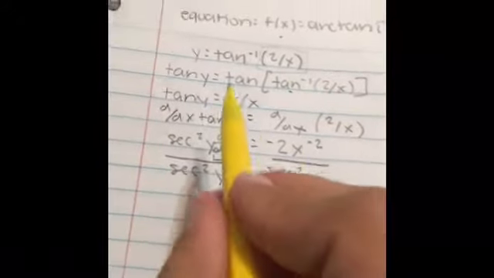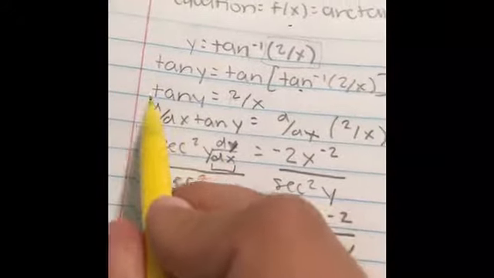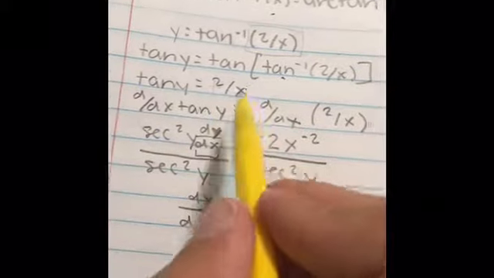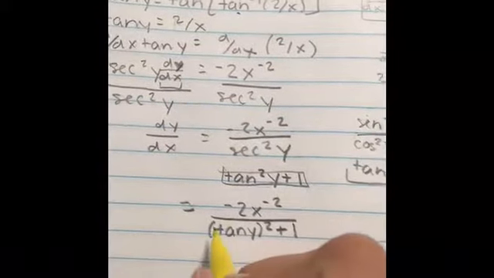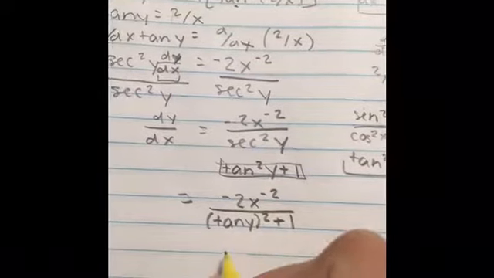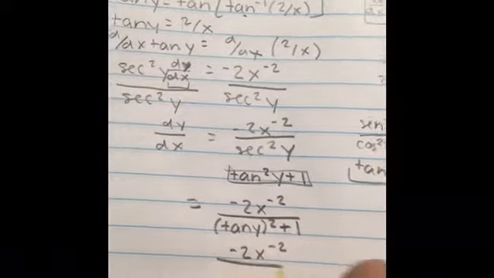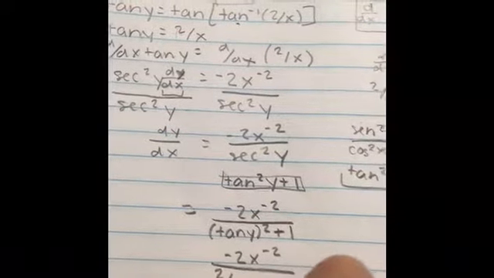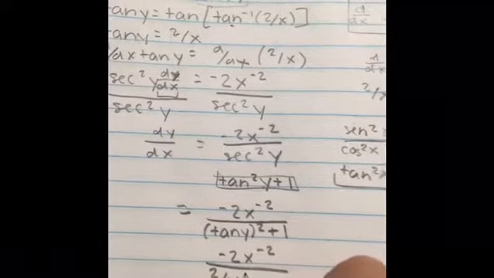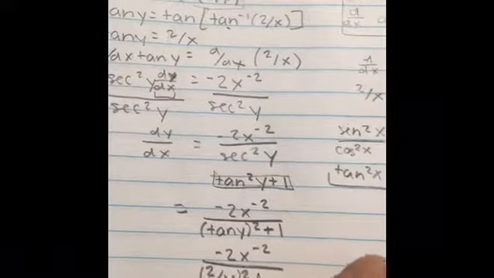And at the beginning, if we refer to the beginning, we see that tangent y equals 2 over x. So we are going to plug 2 over x in for tangent y. So we have negative 2x to the negative second over 2 over x squared plus 1.